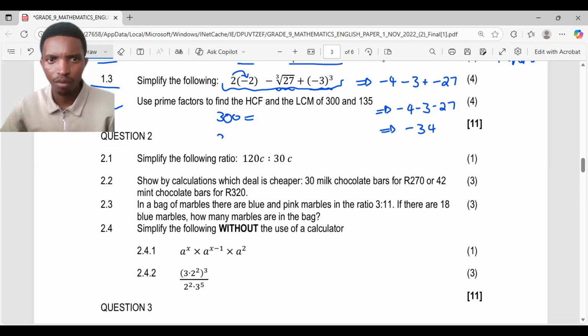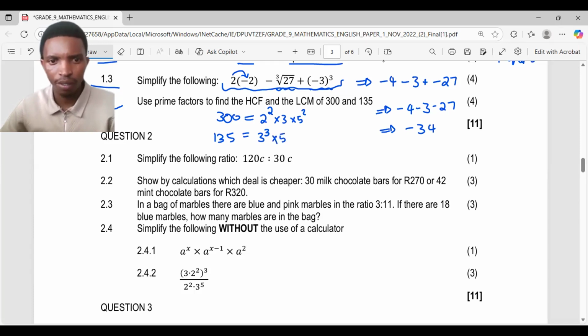It is 2 to the power of 2 times 3 times 5 to the power of 2. 5 squared. And then 135 is 3 cubed times 5.